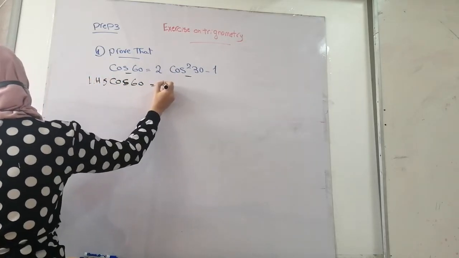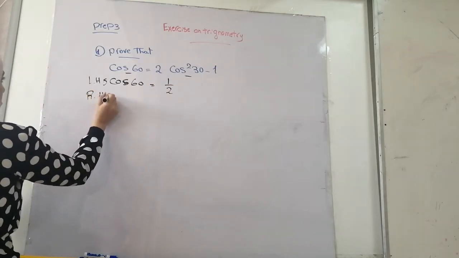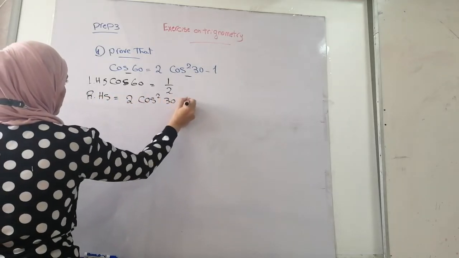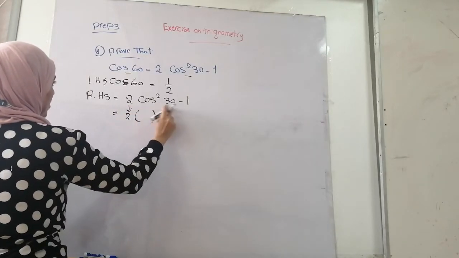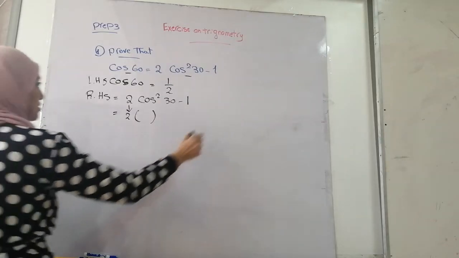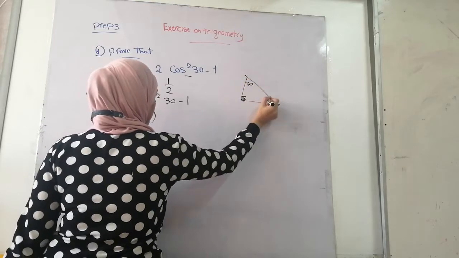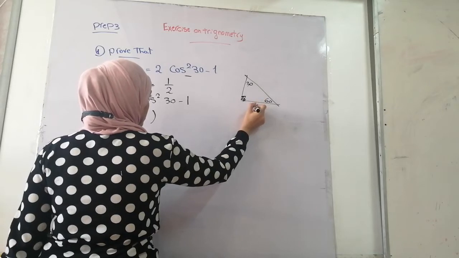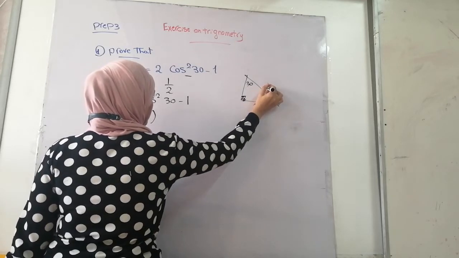Cosine 60 equals what? Equals half. Let's take the right hand side: cosine square 30 minus 1. We need the value of cosine 30. Cosine 30 equals what? We should review the 30, 60 triangle: opposite to 30 is half the hypotenuse, so the sides are 1, 2, root 3.